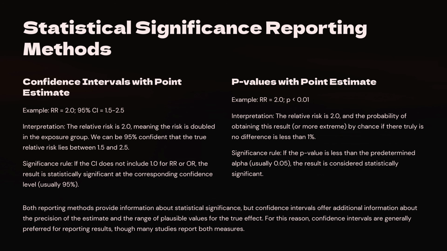So if the p-value is less than the predetermined alpha, which is 0.05, the result is considered statistically significant. We can still say that there's a doubling of risk, but we just don't know the true range, or at least the confidence range, where the estimate would lie. So we are a little more limited in that information, right?